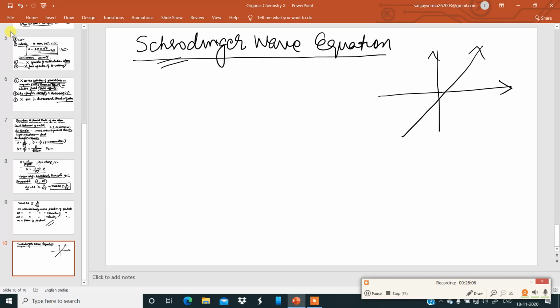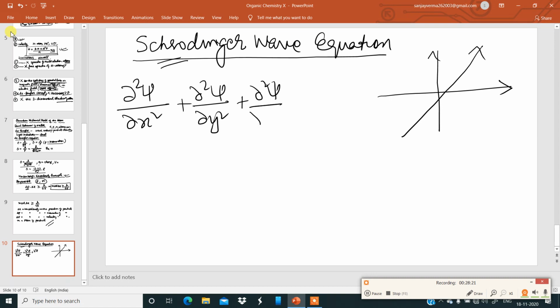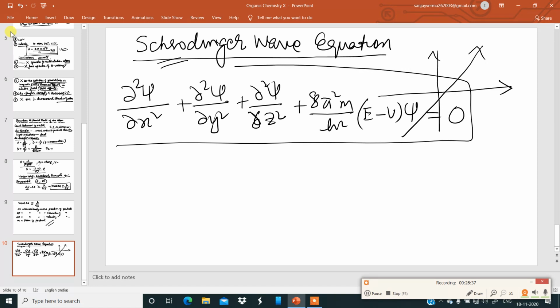The equation was given like this: del square psi by del x square plus del square psi by del y square plus del square psi by del z square plus 8 pi square m by h square into (E minus V) psi is equal to 0. This was the Schrodinger wave equation.